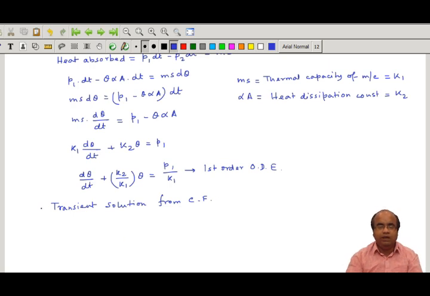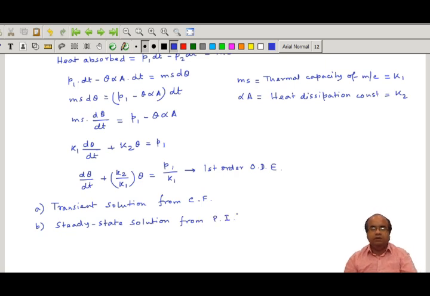And another solution is the steady state solution from the particular integral PI.